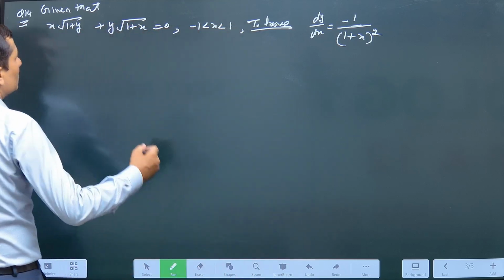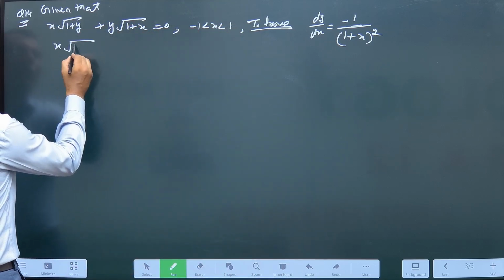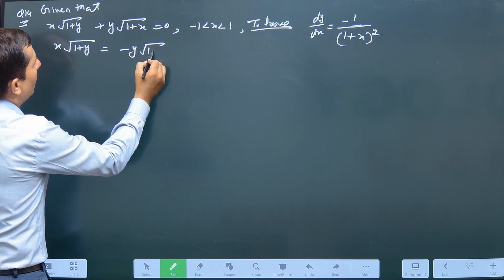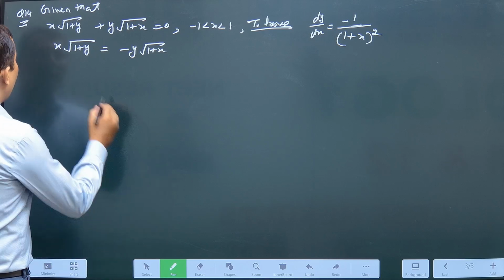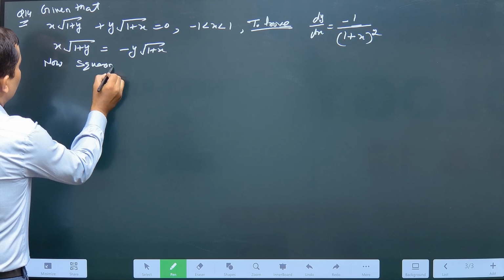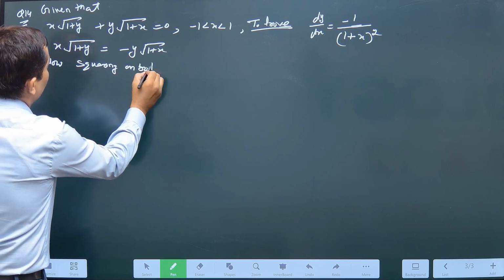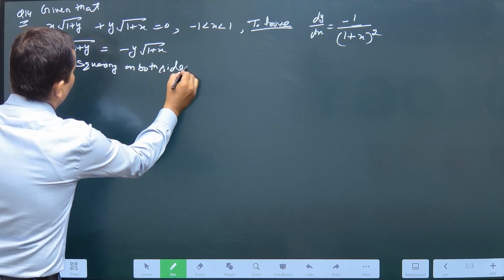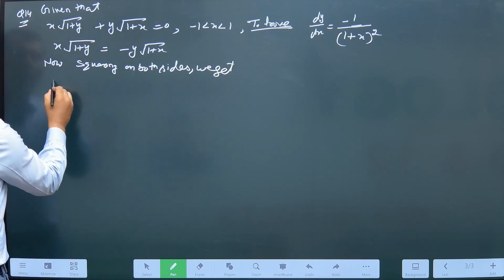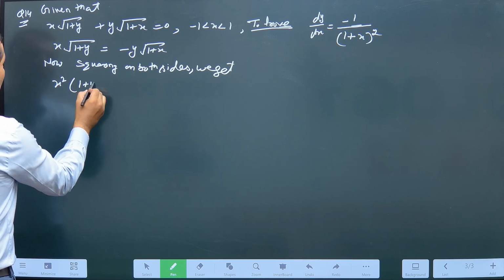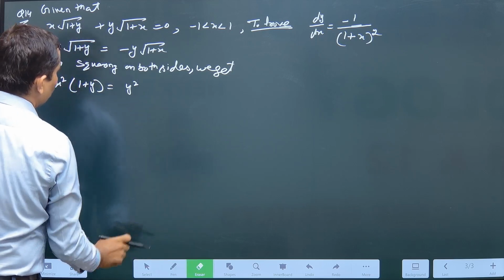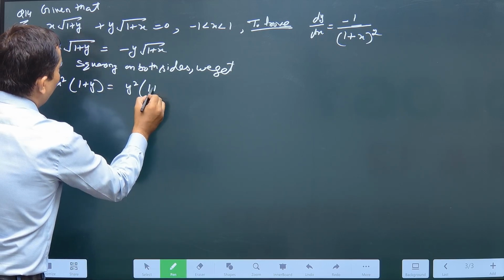Now, x root 1 plus y is equal to minus y root 1 plus x. Understand? Now squaring on both sides, we get x square into 1 plus y equals y square into 1 plus x.